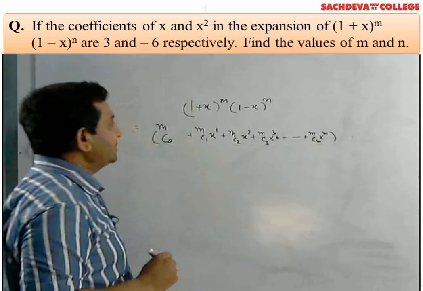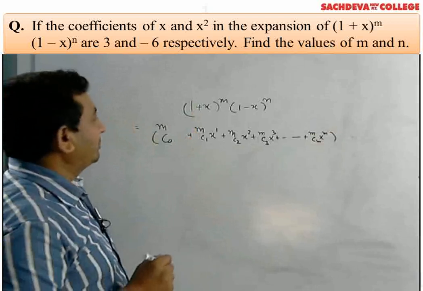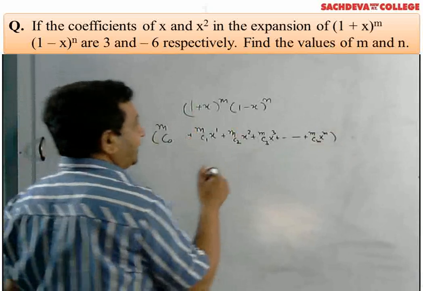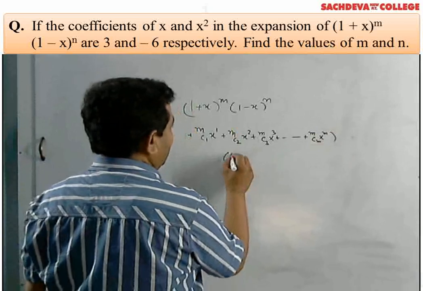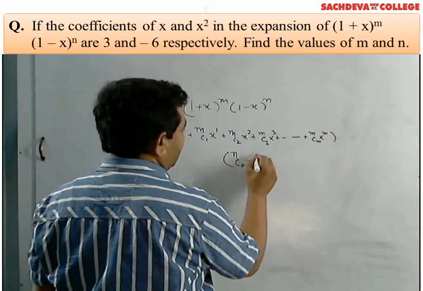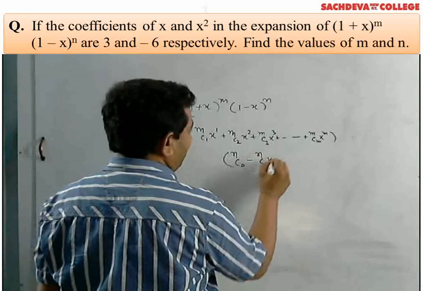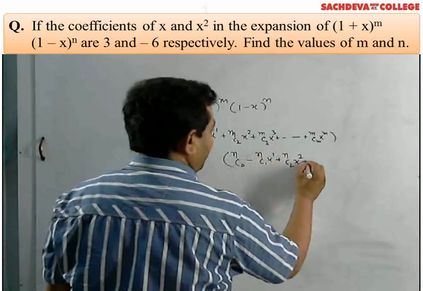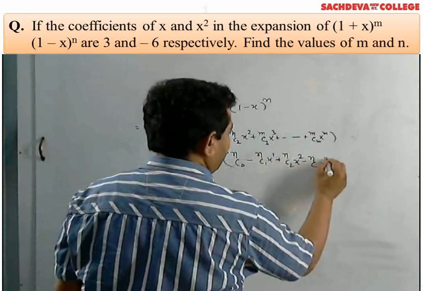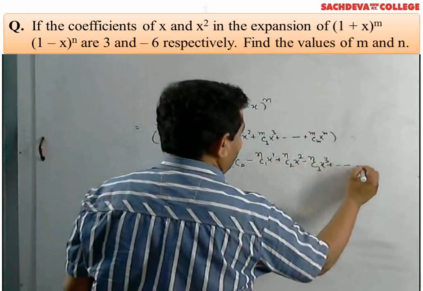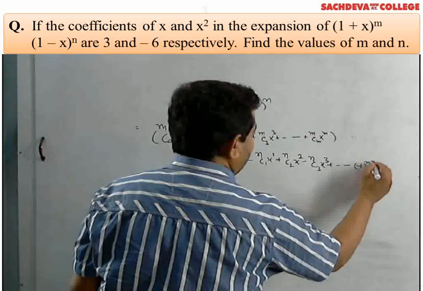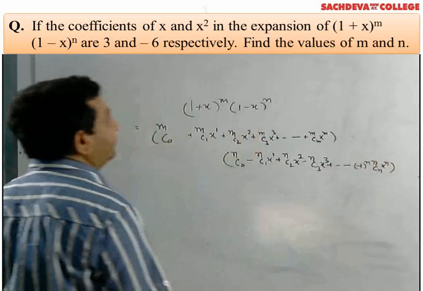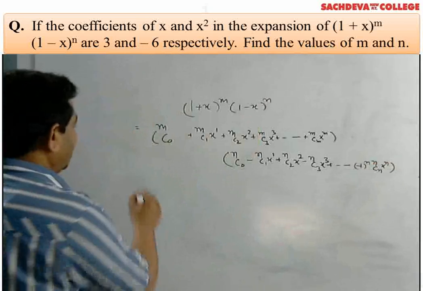This is the expansion of (1 plus x) to the power m, and the expansion of (1 minus x) to the power n is nC0 minus nC1 x plus nC2 x squared minus nC3 x cubed plus and so on plus (minus 1) to the power n nCn x to the power n. This is the expansion of (1 minus x) to the power n here.